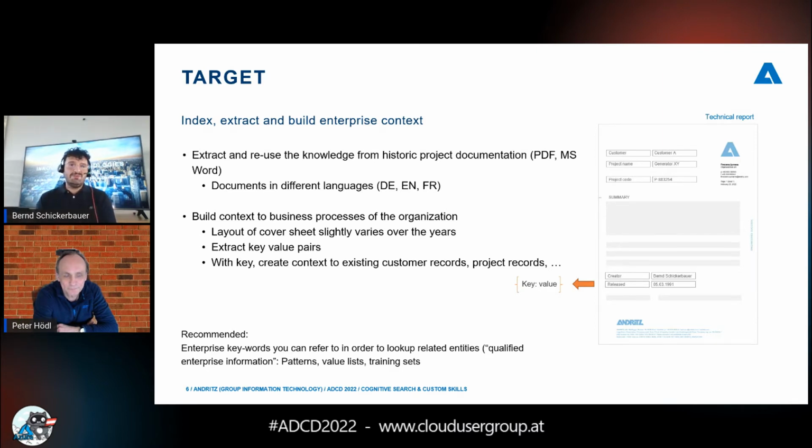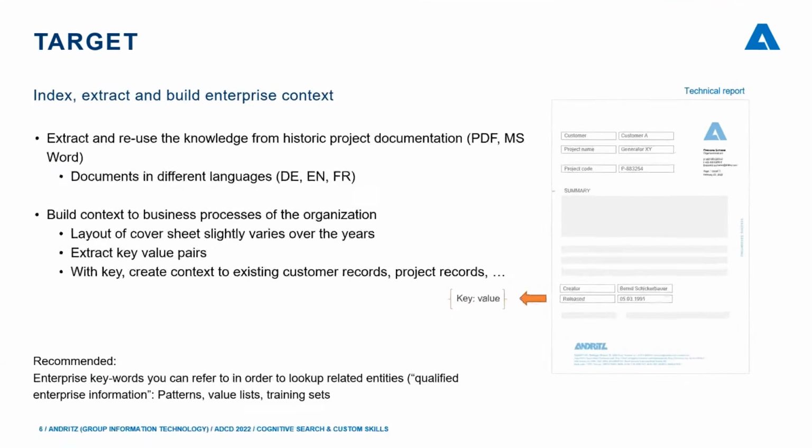At Andritz, we have quite old historic project documentation, mainly in Word or PDF, and there is quite some knowledge in it. We want to extract this knowledge and reuse it in multiple ways, but we also want to create context to other entities we have in our organization.